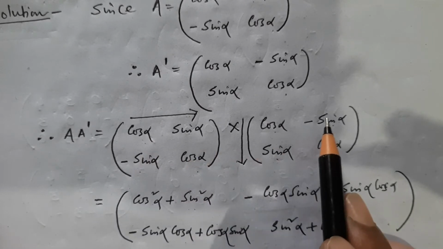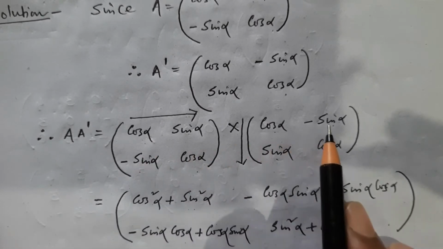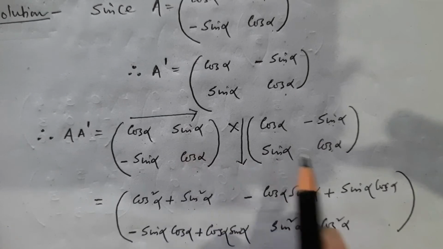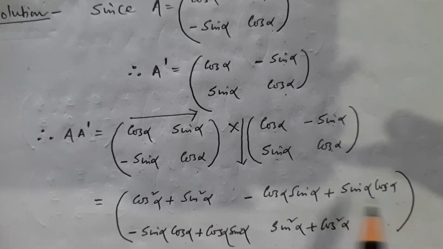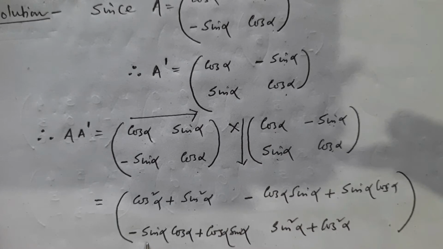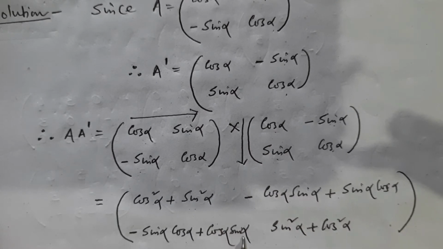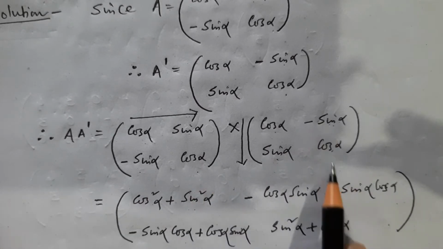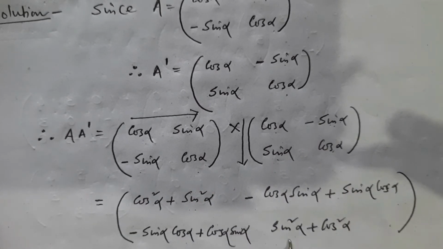First row with second column, minus sin alpha cos alpha plus sin alpha cos alpha. Second row multiplied with the first column, we get minus sin alpha cos alpha plus cos alpha sin alpha. Second row multiplied with the second column, we get sin square alpha plus cos square alpha.